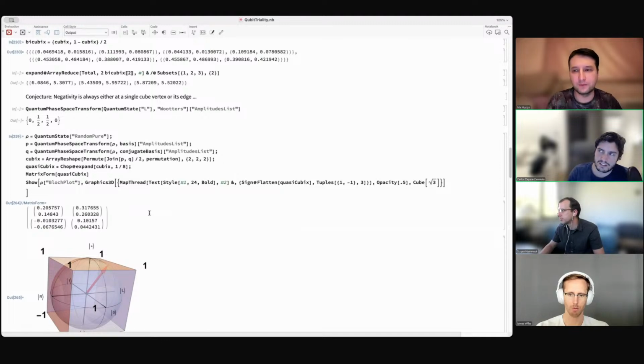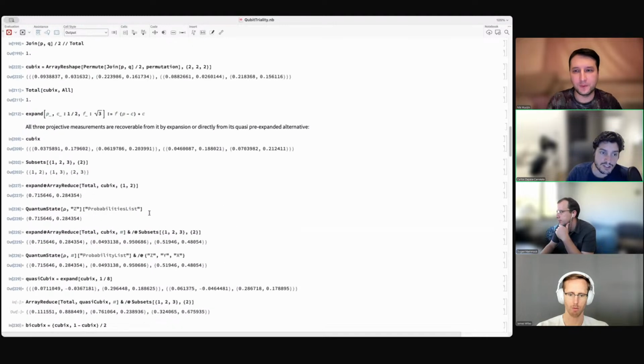Right, so it's the unit trace that makes it three real dimensional, right? Yeah. Okay. So that's not a linear space. That's some kind of affine space. Yeah, it's not a vector subspace.